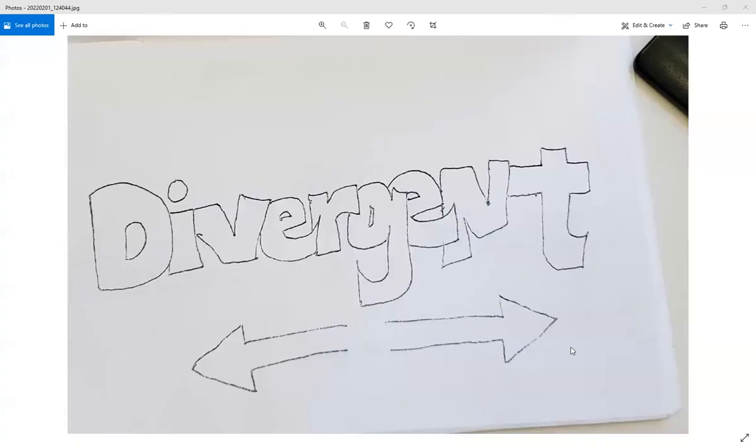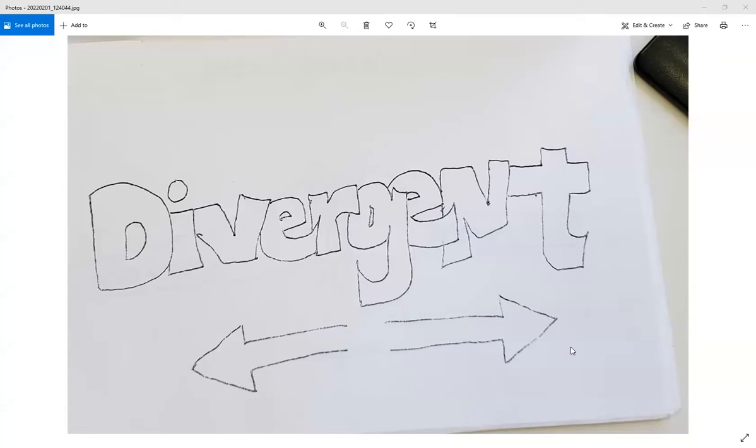So I want you, let me share this. I want you to draw your next section like this. So you want to turn over. Remember, you're only drawing on the bottom portion, and you're going to write the word divergent. And then I want you to draw two arrows that remind you which direction your plates are moving.